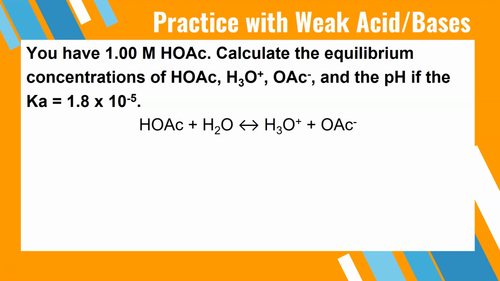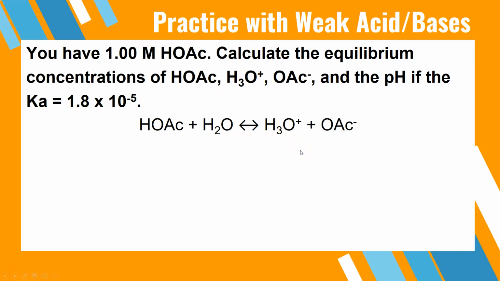What you have to do is recognize that this is not a strong acid. Acetic acid is weak. I can't just do my normal pH calculation. I cannot do negative log of 1. That is not correct. Not much of this is going to dissociate. I do not have a lot of hydrogen ions present.